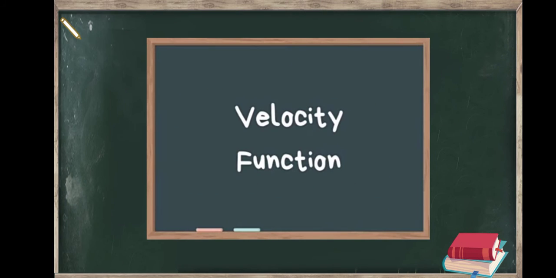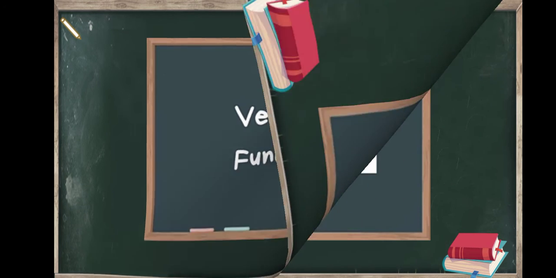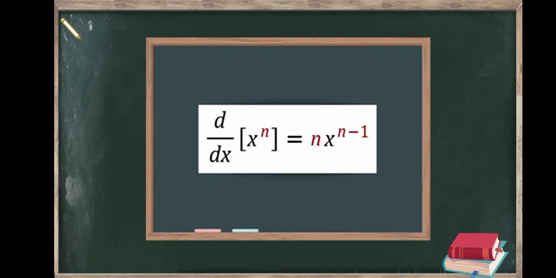First thing we need to do is find the velocity function, which is given by the derivative of the displacement function. To do this, we need to use the power rule as we explained before. The derivative d over dx of x raised to the n power equals nx raised to n minus 1.